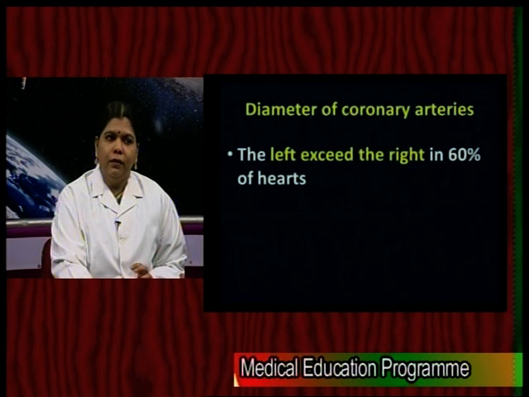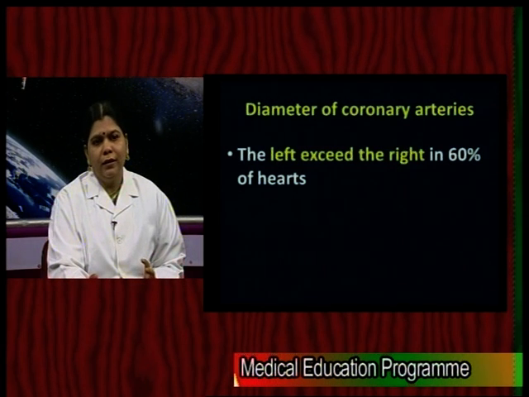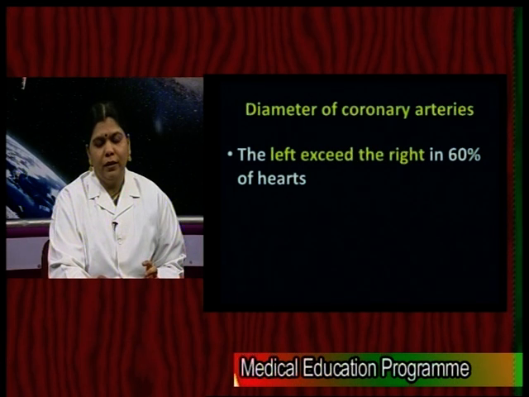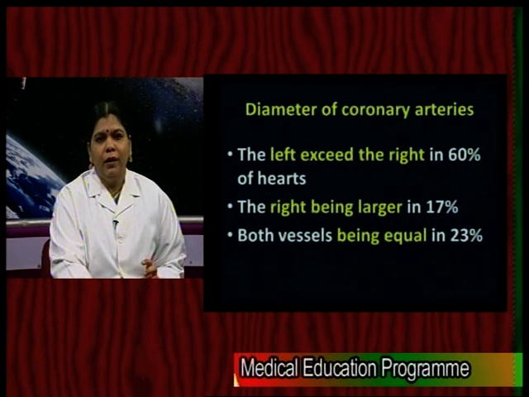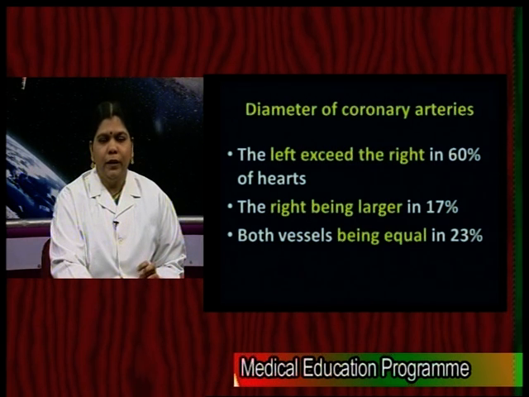If we compare the left and right coronary arteries, the left exceeds the right in 60% of hearts, the right being larger in 17%, and both vessels being equal in 23%.